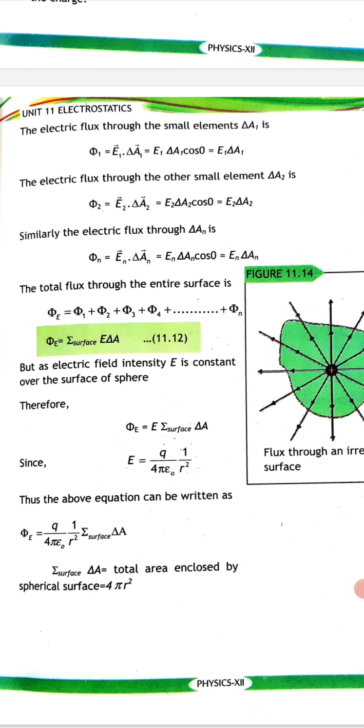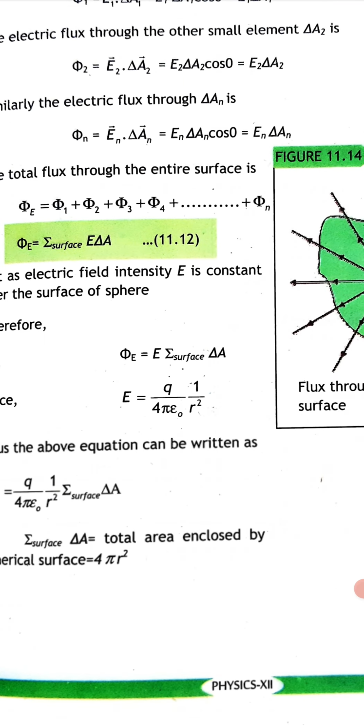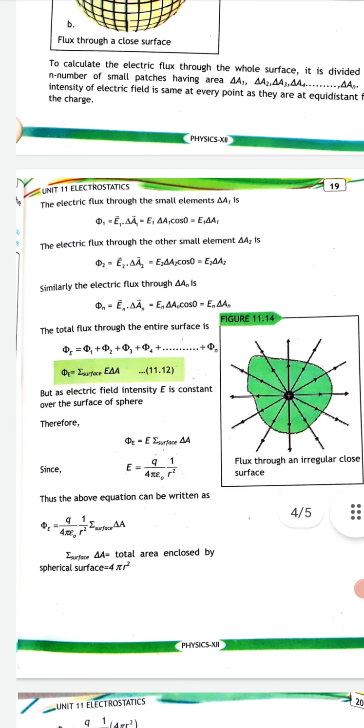So here we have a spherical object, and the surface area of any spherical object is simply equal to 4 pi r square. So here sigma of delta A represents the entire surface area of the sphere, therefore this is equivalent to 4 pi r square.